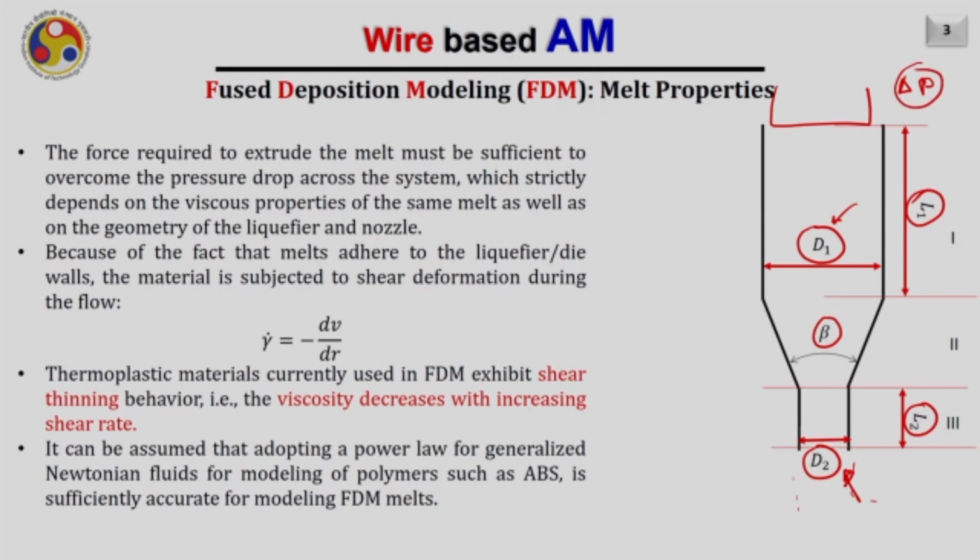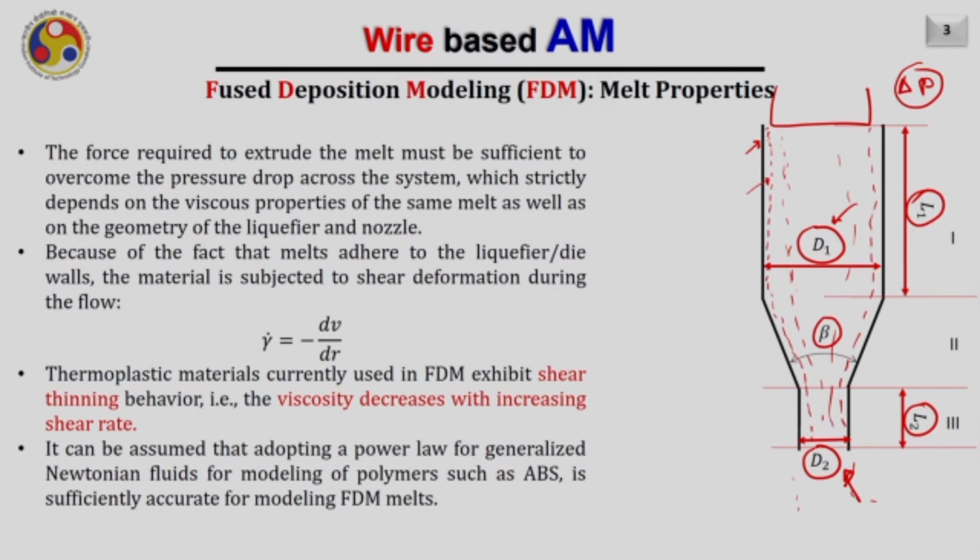This is because the melt adheres to the liquefier die's wall. So, this is the wall of the die, and the liquid material will adhere to this layer like this. And of course, the molten material will be subjected to shear deformation during the flow. This layer will be stationary, assume, and the remaining material towards the center will shear out and flow towards the nozzle's opening.